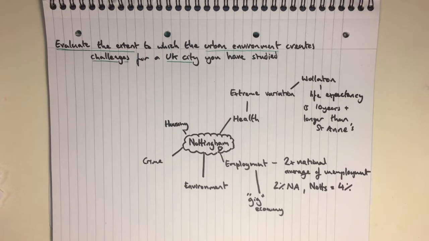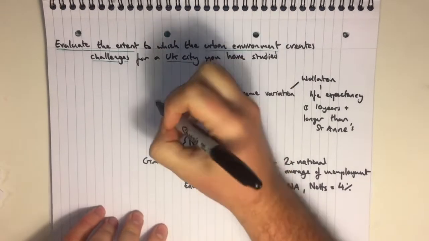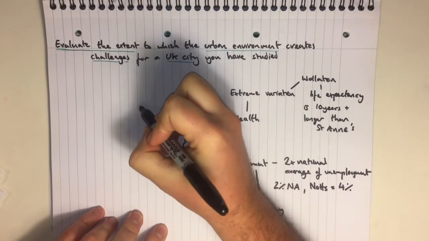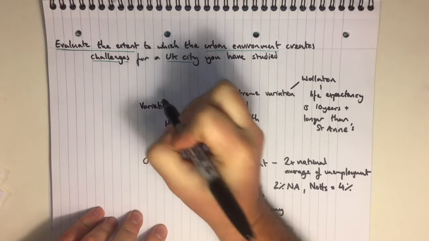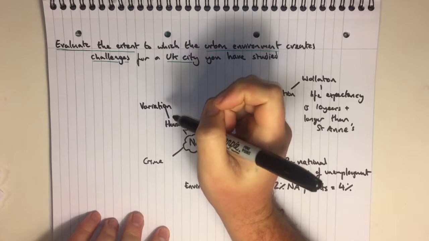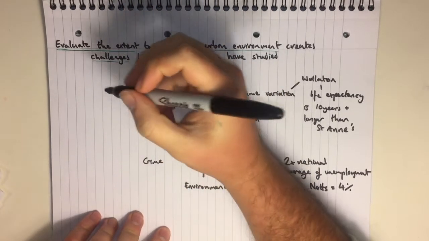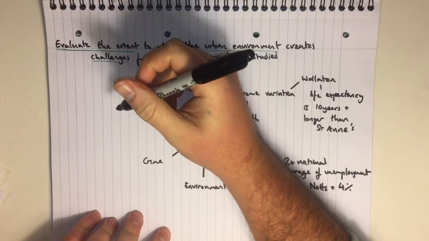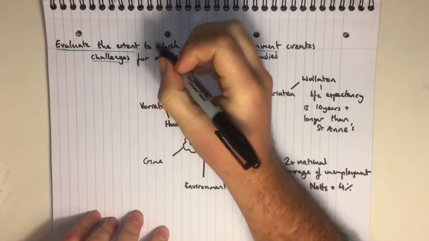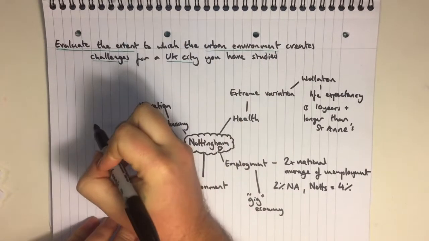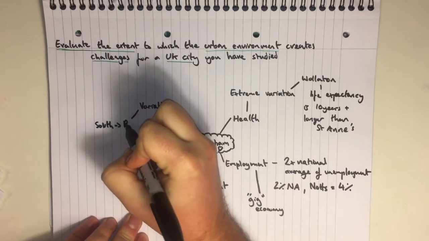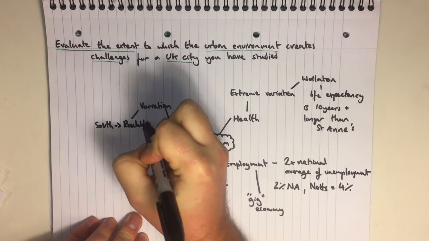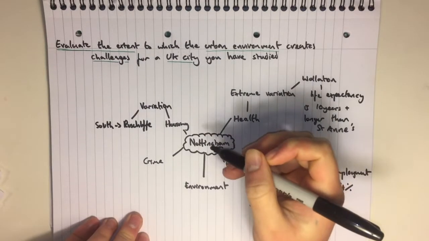The next thing I'd like us to go on to is looking at housing. And again, in housing, we see very extreme variation. A good example of that looks at the north-south divide that really exists for large parts of Nottingham, with the south areas like Rushcliffe with very high average house prices.